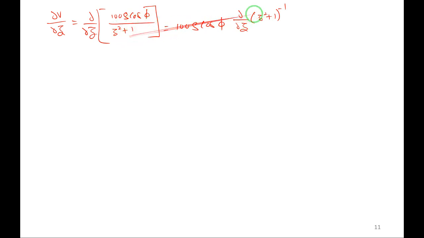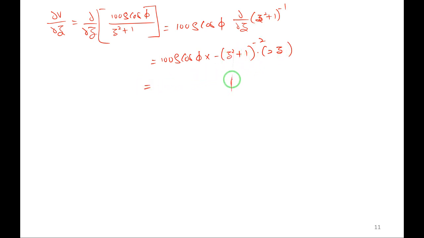So 1 by something, right? Differentiation of x to the power of n, I want to apply that. Let me check it. If I am making any mistake, please unmute yourself and speak to me. So 100 rho cos phi, x to the power of n minus 1, into minus, as it is z square plus 1, n minus 1 means minus 2 I will get. With respect to z, I am getting 2z. I hope this is correct.